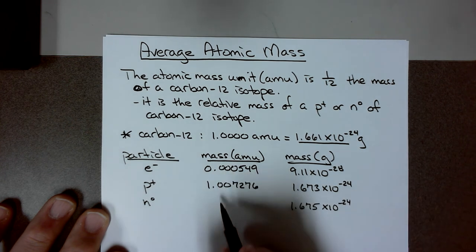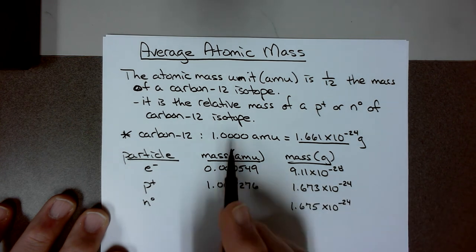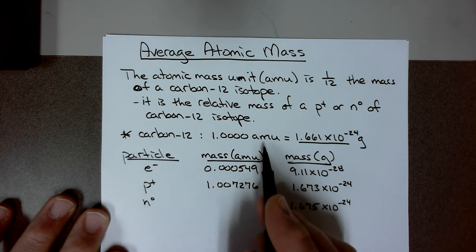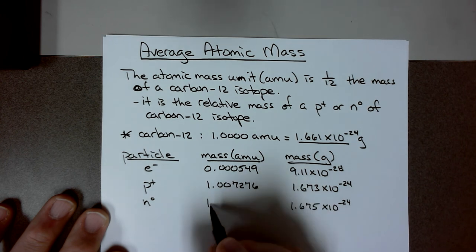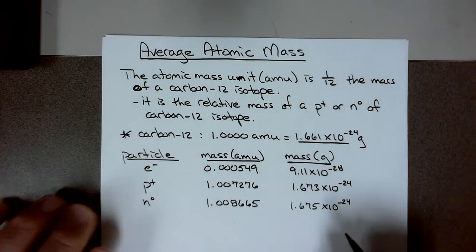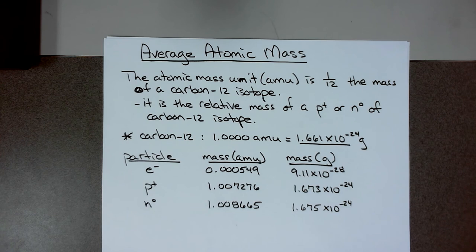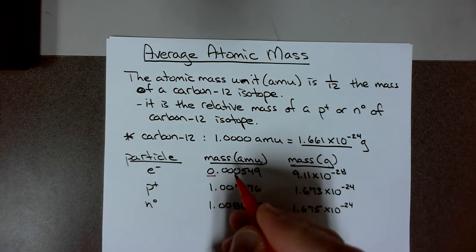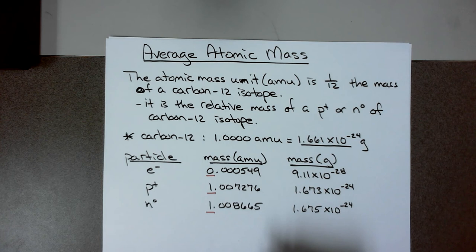And so the atomic mass unit based on the carbon-12 standard is 1.008665 AMUs. Now remember earlier I said that the relative masses or AMUs were 0, 1, and 1, and if you round it to the nearest whole number, yes, we still look at it as 0, 1, and 1.